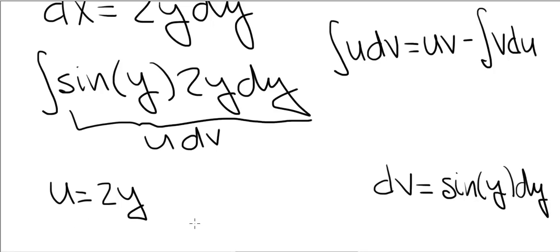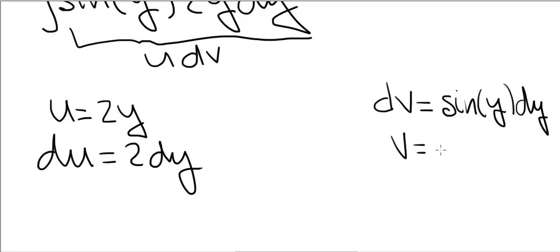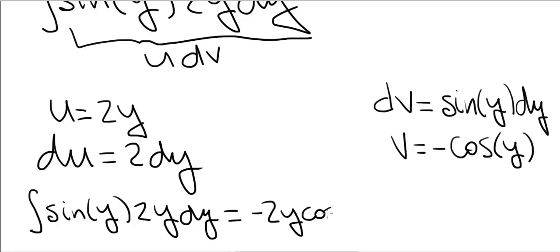From here, we can easily compute both du and v. So du is equal to 2 dy, and v equals minus cosine of y. So let's return to the integral. It was the integral of sine of y times 2y dy, and that's equal to u times v, which is minus 2y times cosine of y, minus the integral of v du.